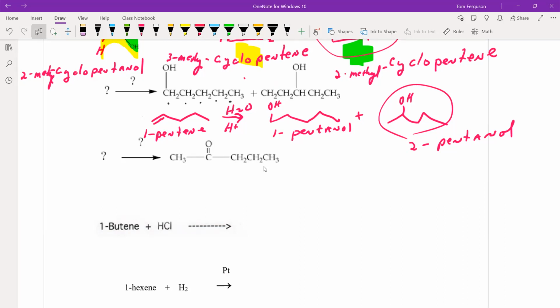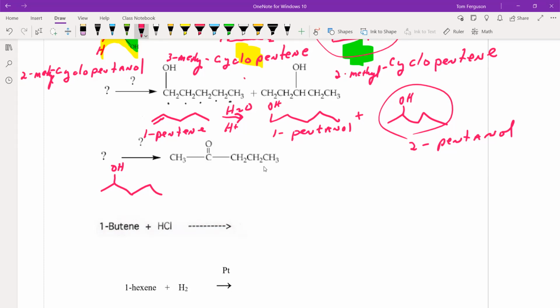So we need to have a 1, 2, 3, 4, 5, again, a 5 carbon backbone. And the carbonyl group, the C double bonded O, is on carbon number 2.